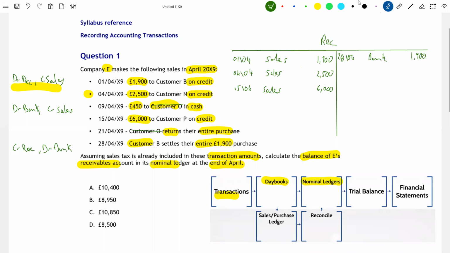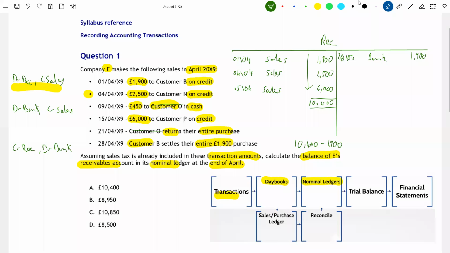We're now in a place to total up this account and to find our balancing figure. Okay, so to do this, we need to total up all the debit entries that we have. We need to total up the credit entries and we need to find the difference. Okay. So the total of all of these credit entries stemming from credit sales is £10,400. And obviously there is a difference between this and the sole credit entry of 1,900 we have recognized in the bank account. Okay, so we need the difference between these two figures.